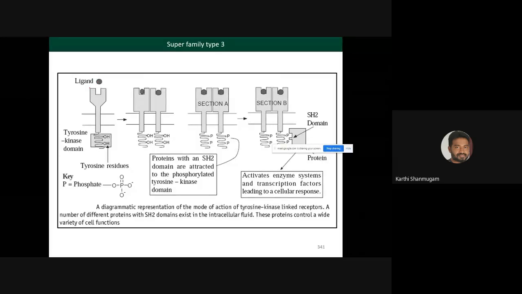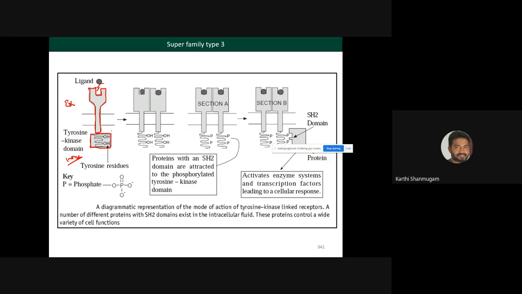This is the single transmembrane helix of superfamily type 3. Here we have the ligand binding domain in the extracellular region, and this is the intracellular region. The intracellular region has the enzymatic activity.